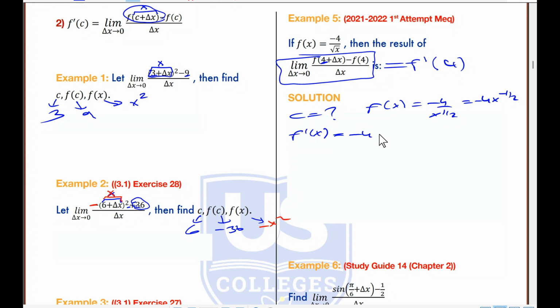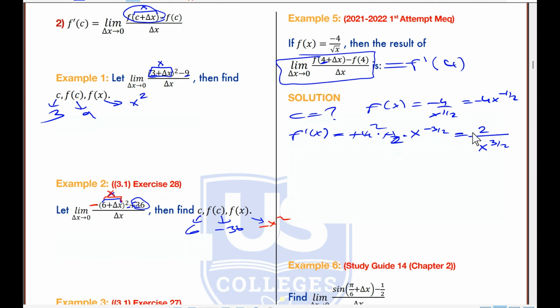So negative 4 multiplied by the power negative 1 over 2 multiplied by x to the power one less than 1 over 2. Negative 1 over 2 minus 1 is negative 3 over 2, right? So negatives will make positive. 4 divided by 2 makes 2. So 2 at the top, x to the power of 3 over 2 at the bottom.